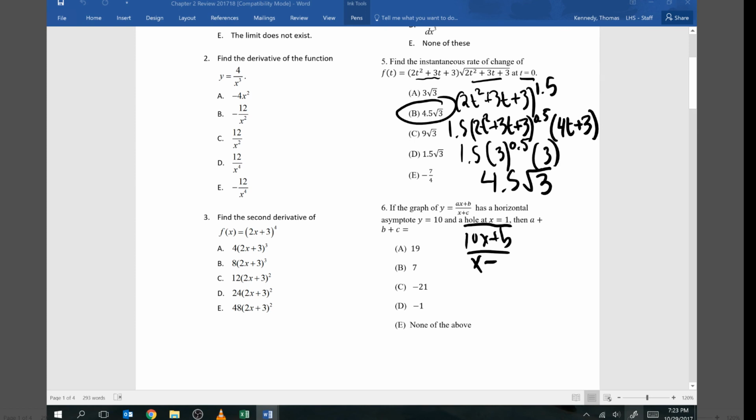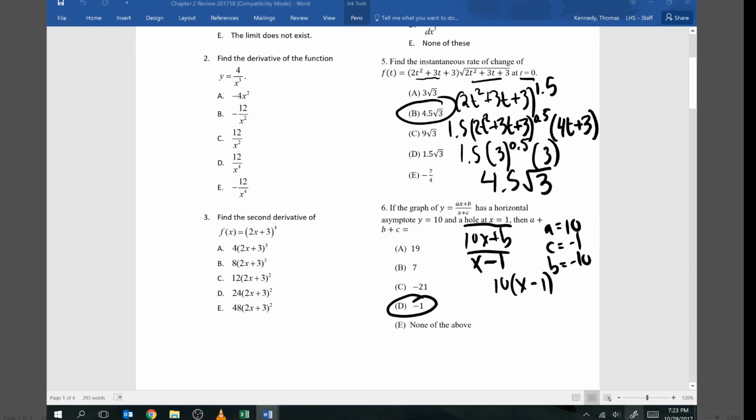So I need an x minus 1 on the bottom. So I know a is 10 and c is negative 1. And all I have to do is figure out what b is going to be if I have 10 times x minus 1. So b is negative 10. So if I do a plus b plus c, it's 10 minus 1 minus 10, which is negative 1.